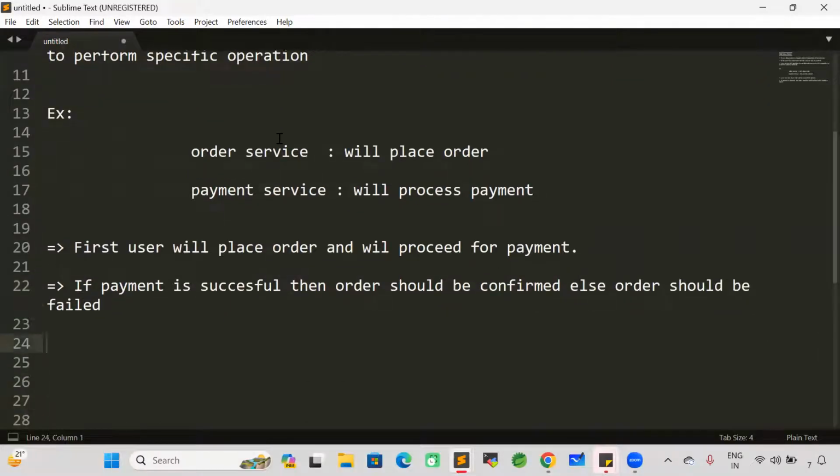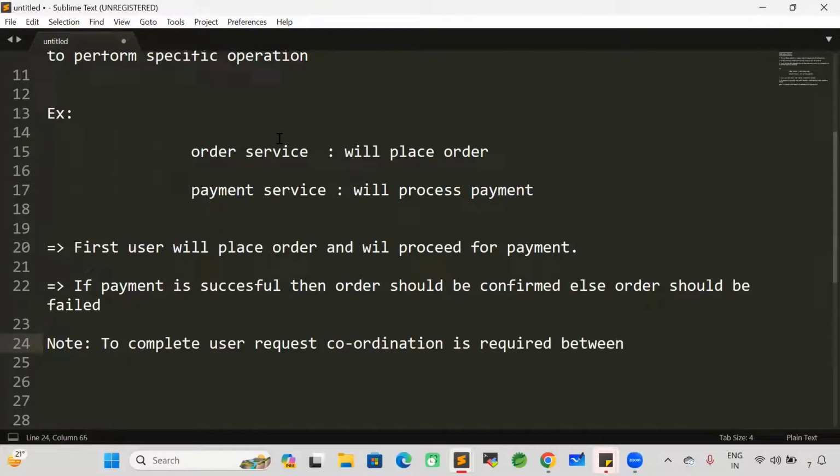So here coordination is required between order service and payment service. So in order to complete the user request, coordination is required between the above two services.